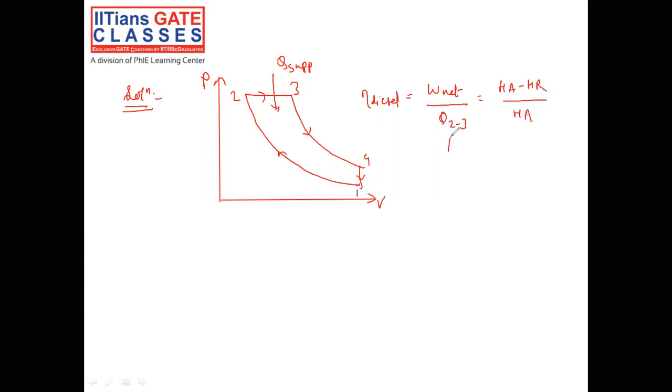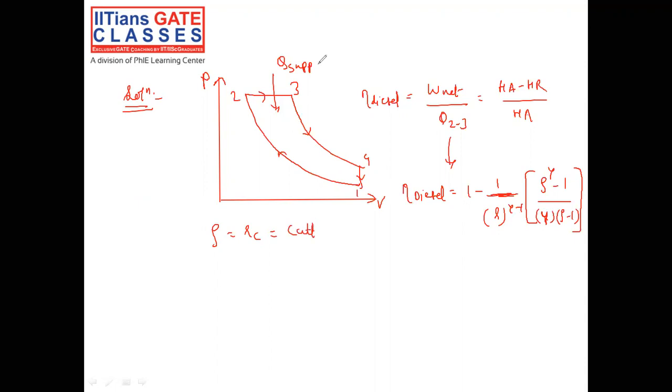If you calculate and rearrange the terms, directly you can get, and we have to remember the formula, 1 minus 1 by r power gamma minus 1, into rho power gamma minus 1 divided by gamma into rho minus 1, where rho, here given as RC, is nothing but the cutoff ratio. The cutoff ratio we call V3 by V2.